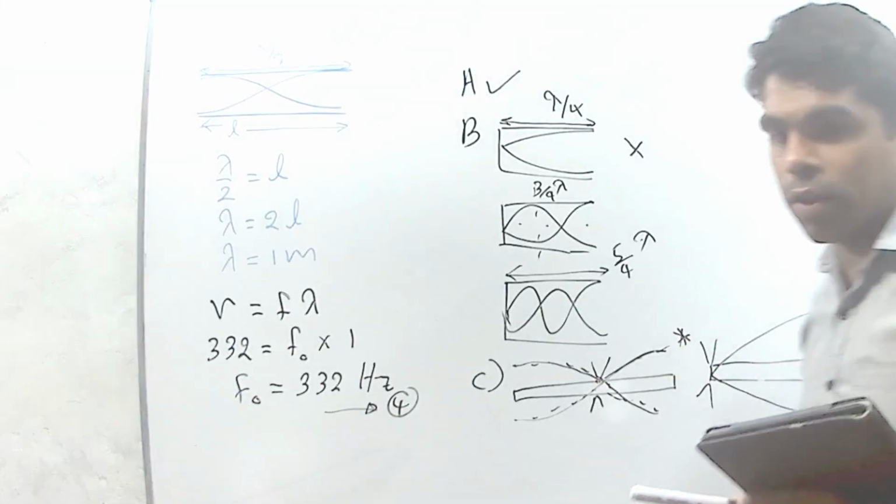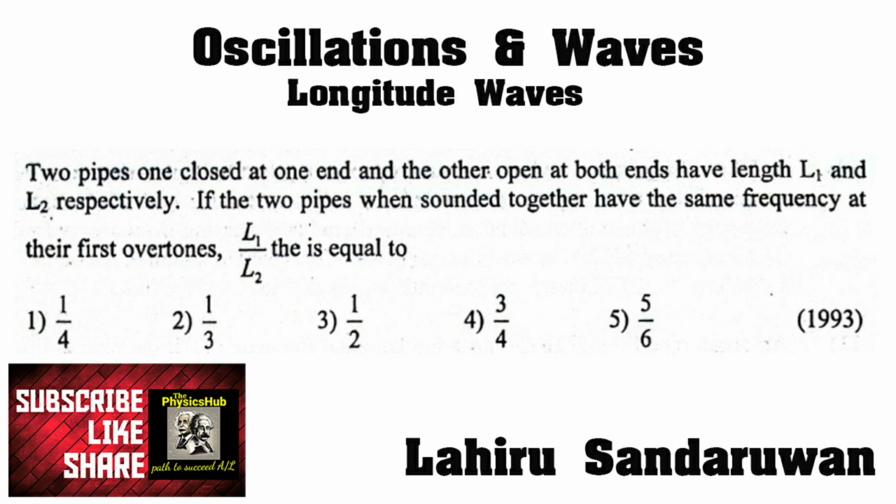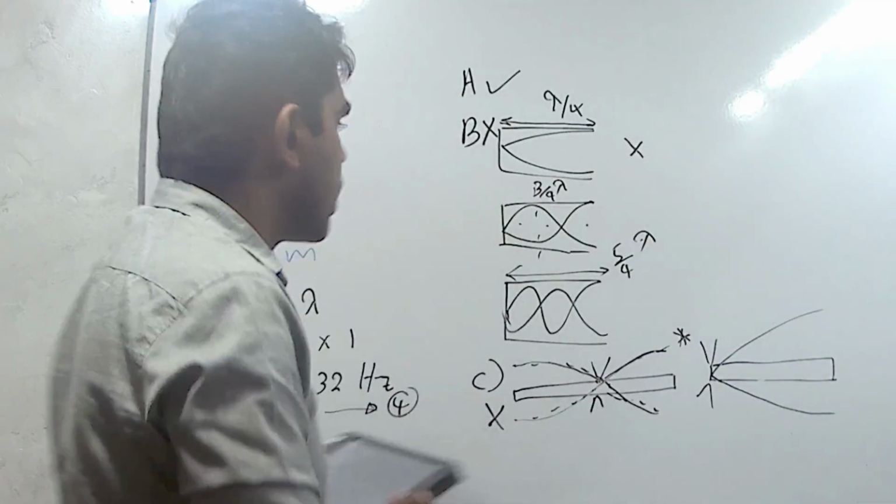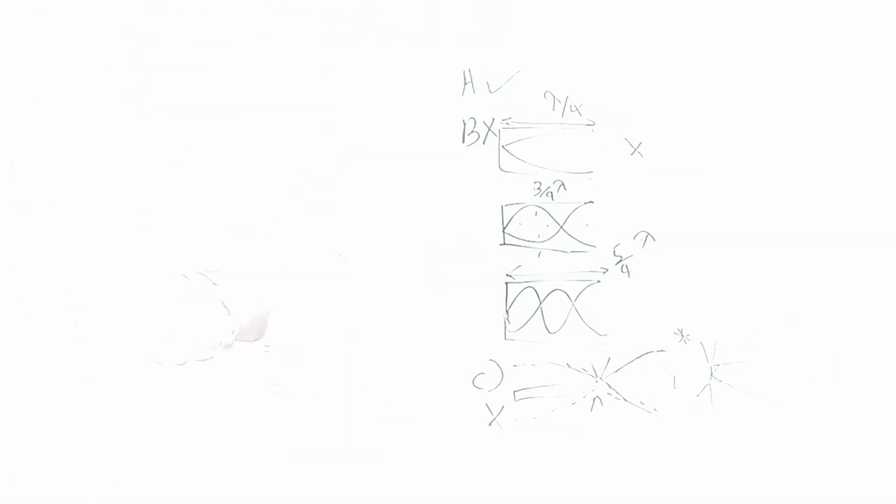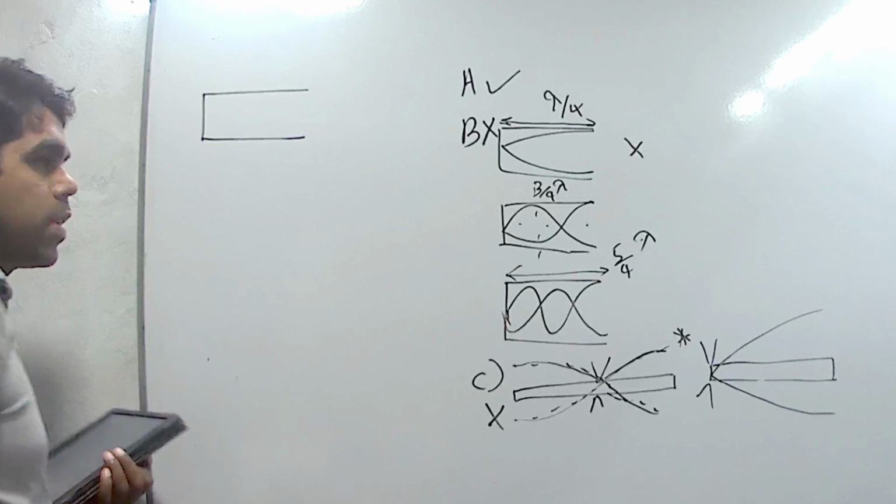Two pipes, one closed at one end and the other open at both ends, have lengths L1 and L2 respectively. If the two pipes, when sounded together, have the same frequency at their first overtones, L1 over L2 is equal to? Now we have to consider the first overtone. The first pipe is a closed one.